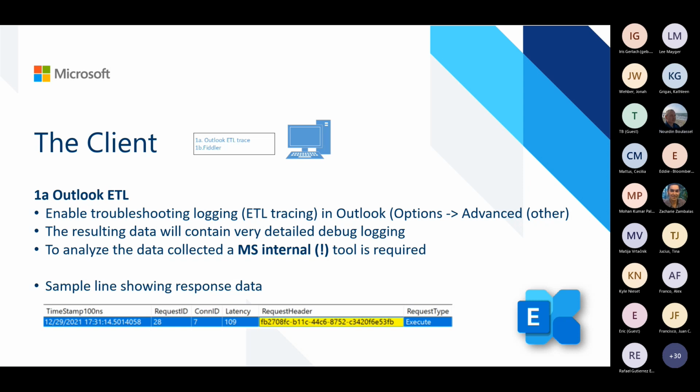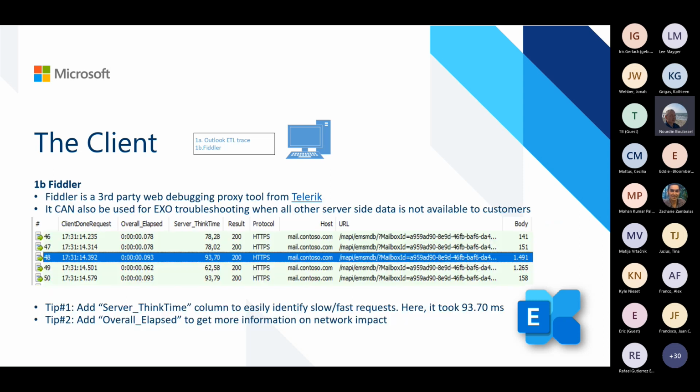And we could use that information to start with the data collection and see where the client starts with its call. But as I said, to analyze it, you'd need to open a request with Microsoft support to get that data analyzed.